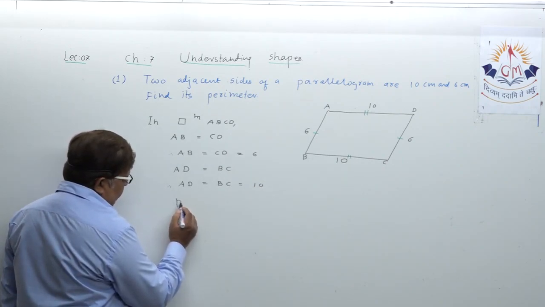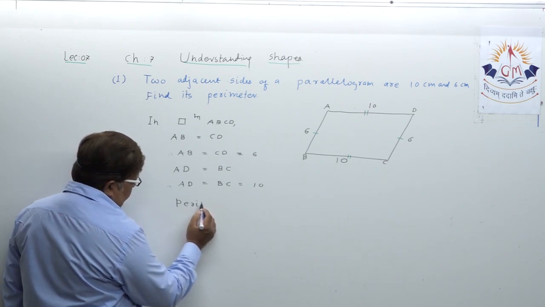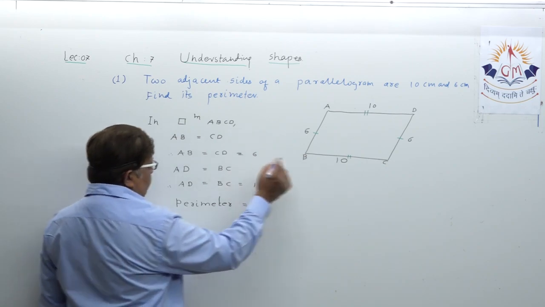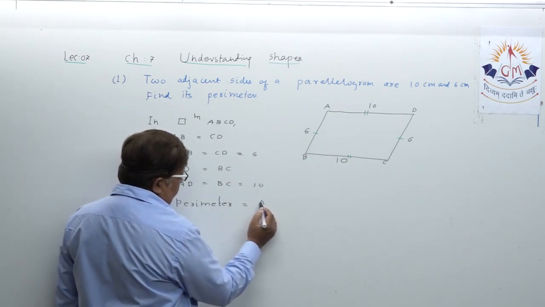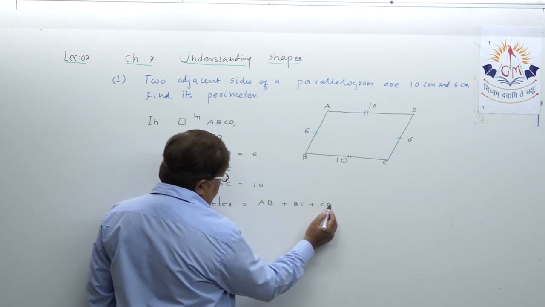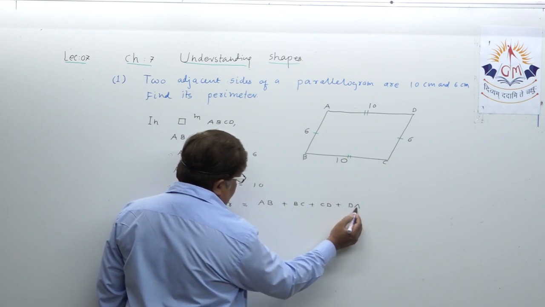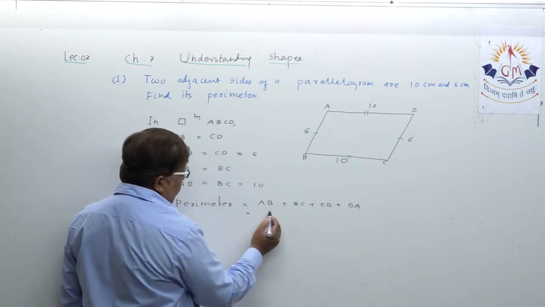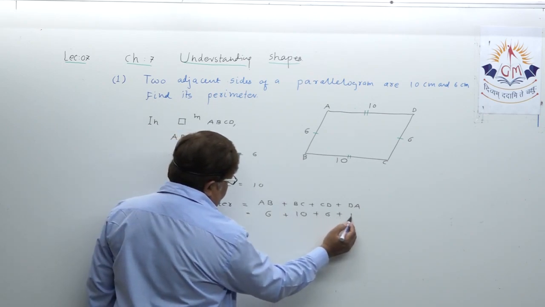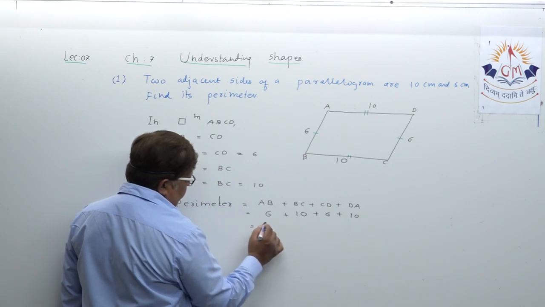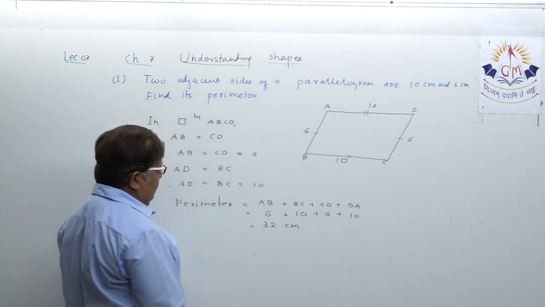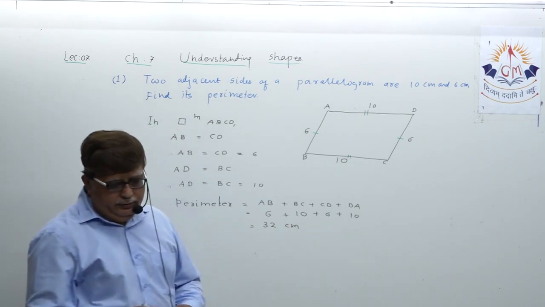Now you know very well that perimeter equals the sum of all sides: AB plus BC plus CD plus DA. Just go on writing 6 plus 10 plus 6 plus 10 turns out to be 32 centimeter. You got the answer, okay?